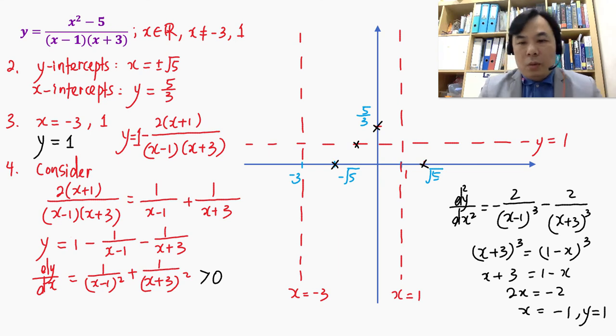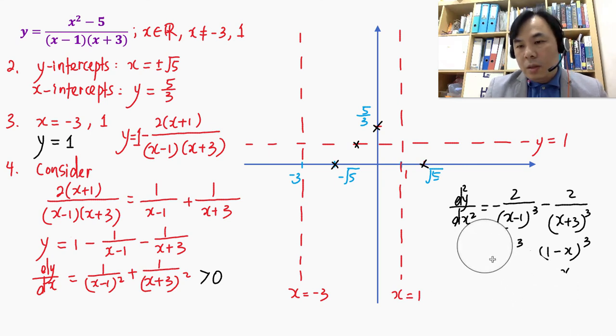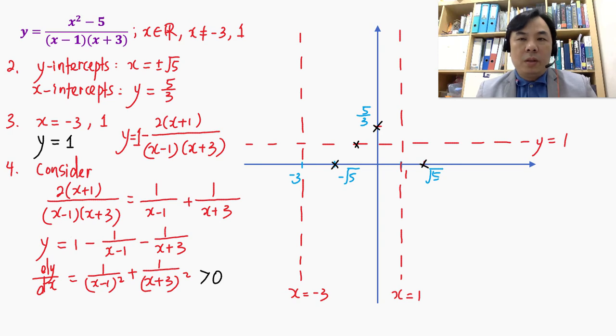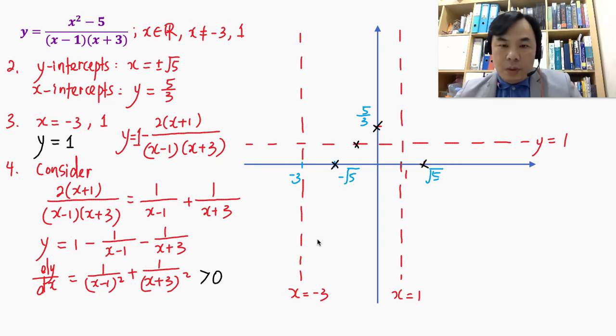Okay, once we have done that, now I'm going to erase off these sections that we don't really need. Okay, this is the part that we don't really need. Alright, and then we are ready to sketch the graph from here. The gradient is always positive, so therefore it must be going up here.